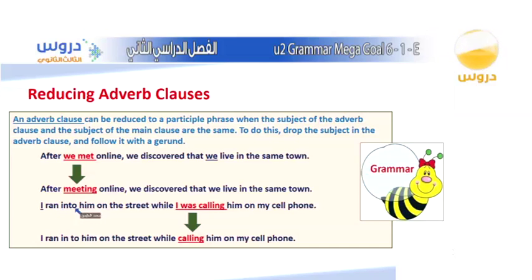Where is the adverb clause in the next sentence? I ran into him on the street while I was calling him on my cell phone. The adverb clause starts from while. So, the adverb clause is while I was calling him on my cell phone.